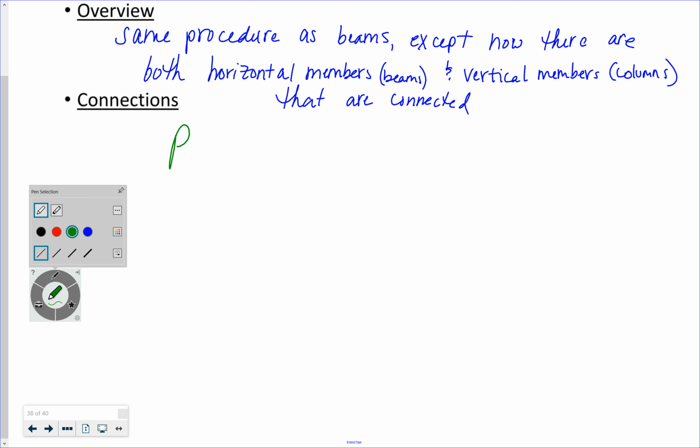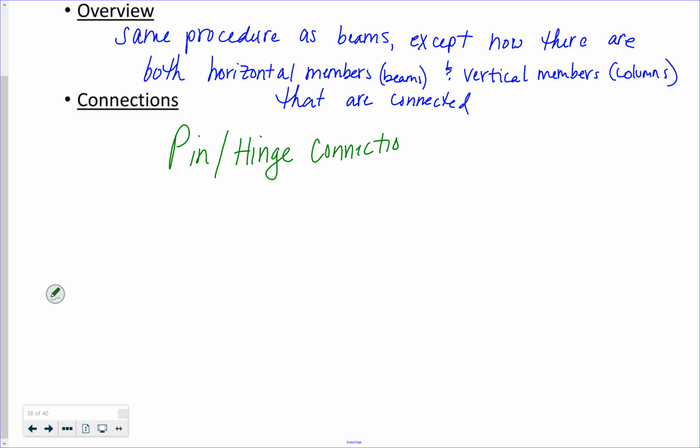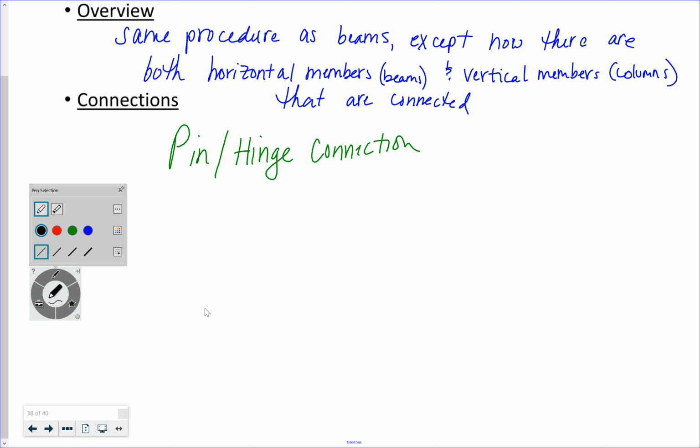We have a pin or hinge connection. Which is basically if we take our beam and our column, they're connected by a pin. It's analogous to a beam, two beams that are connected by a hinge, right?